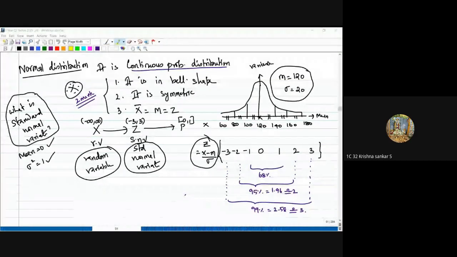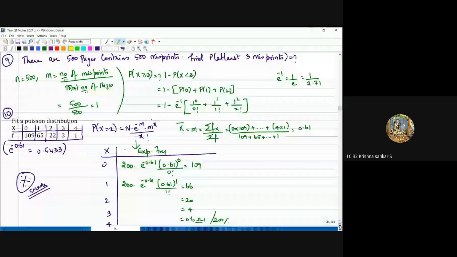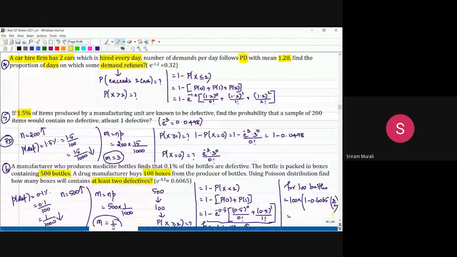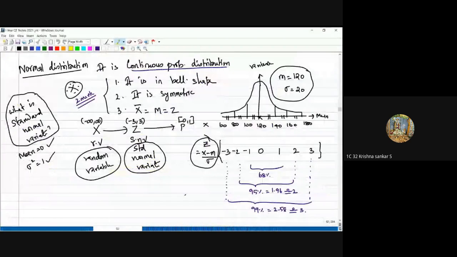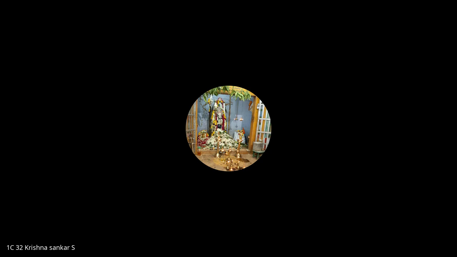Sir, I have a doubt in yesterday's sum, on page number 88, sixth sum. What is your doubt? Sir, there are 100 boxes, but you have substituted for 100 bottles. Then what do you mean by that? Sir, we have to do 500 into 100, 50,000 into the response. You have done 100.